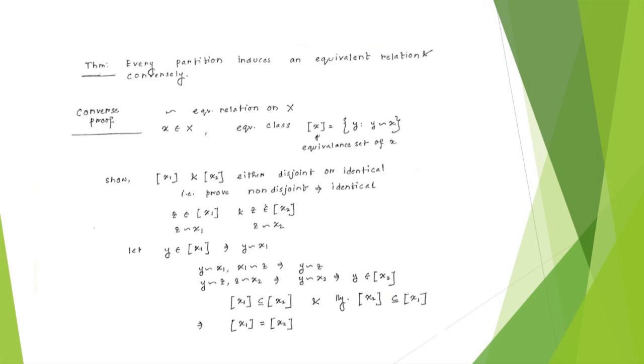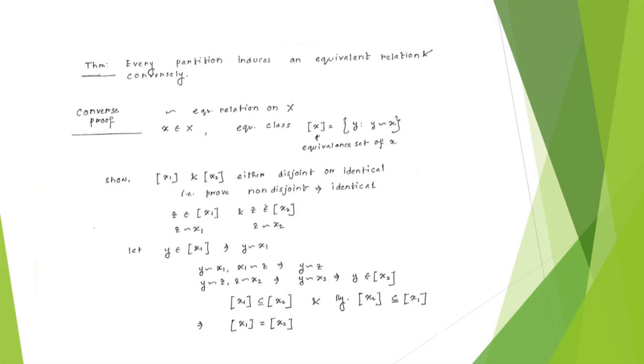The equivalence set of x is the set of all elements which are equivalent to x, meaning any element which is related to x. That is the collection of all y such that y wiggle x.